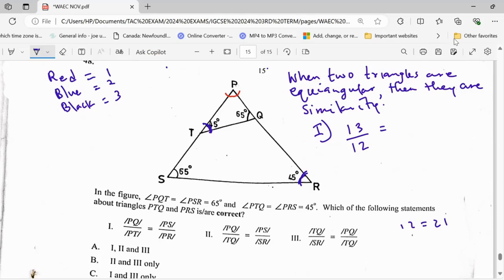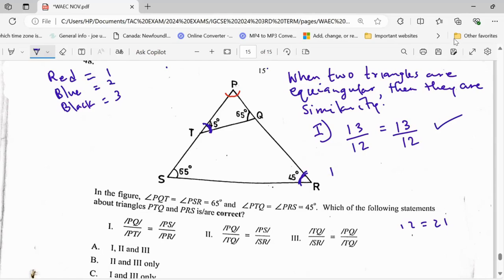From P to S, that is red to black. Red to black is 1, 3. Now, let's look at PR. From P to R is red to blue. Red to blue is 1, 2. So we can see that what we have here is the same as what we have here. So we mark this as a correct representation.